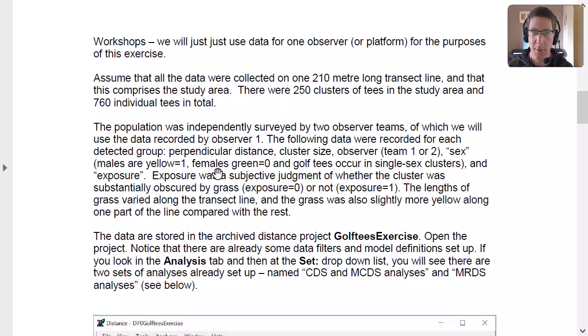So we had yellow and green ones, which we're calling male and female. And then we also have an exposure covariate, which is a judgment about whether the tee was obscured by grass or not. So exposure 0 is obscured, and exposure 1 means more obvious to the eye. These are available in a project called Golf Tees Exercise.